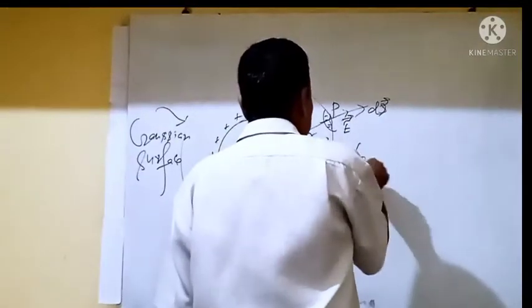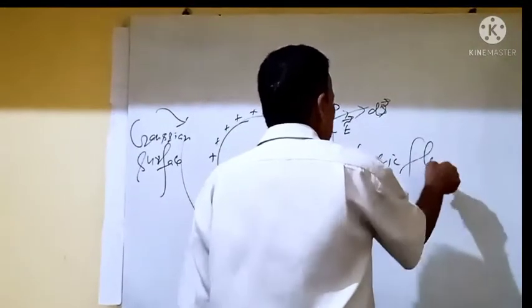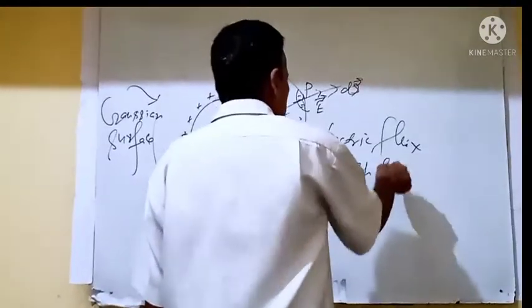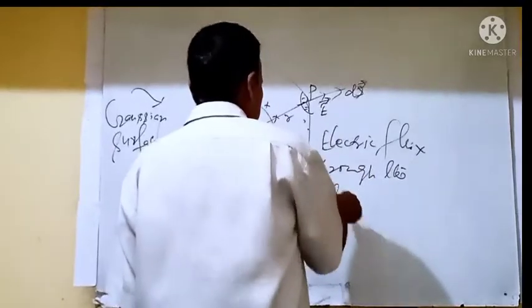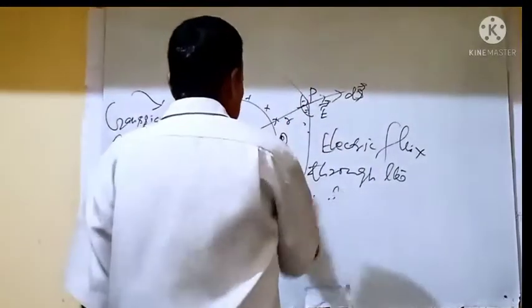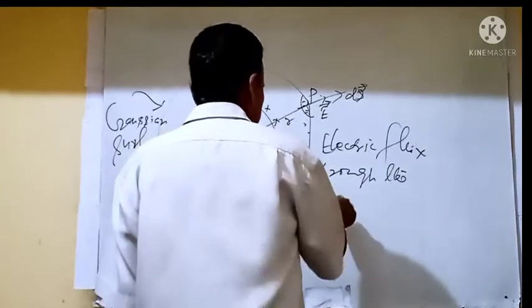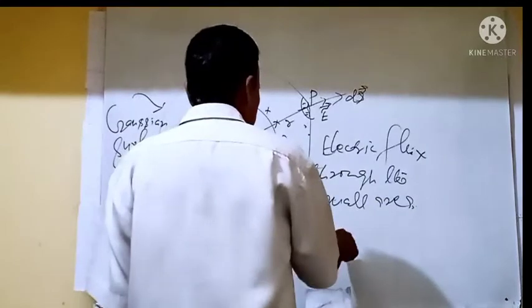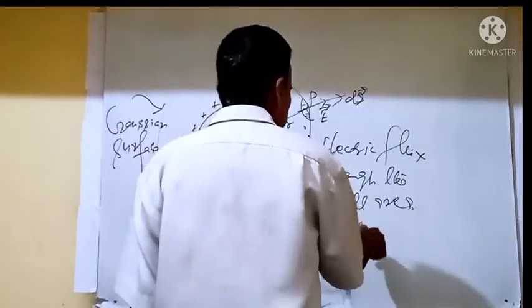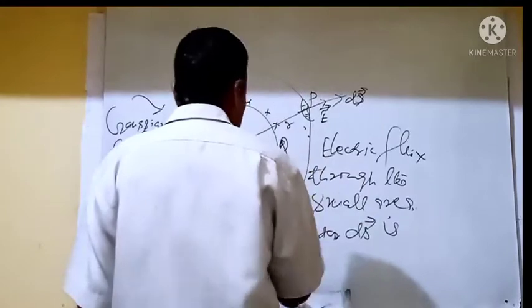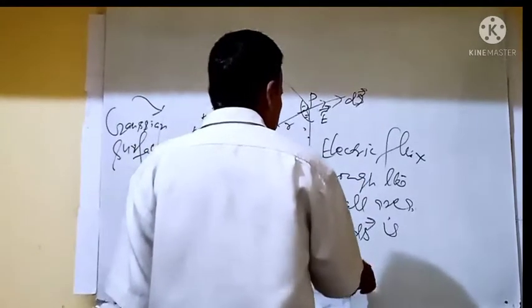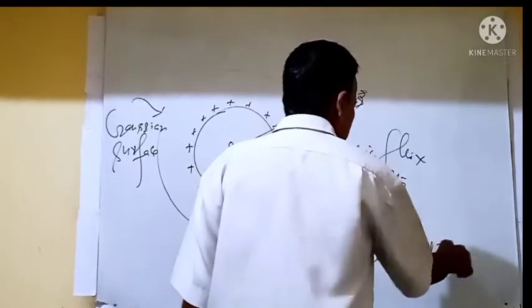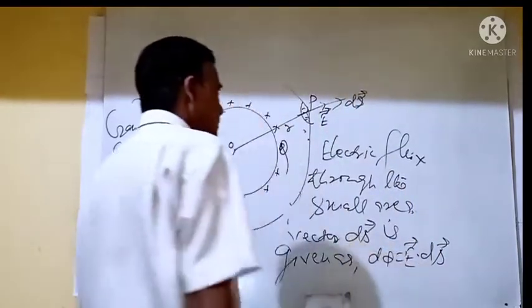Electric flux through the small area vector dS is given as d phi is equal to E dot dS.